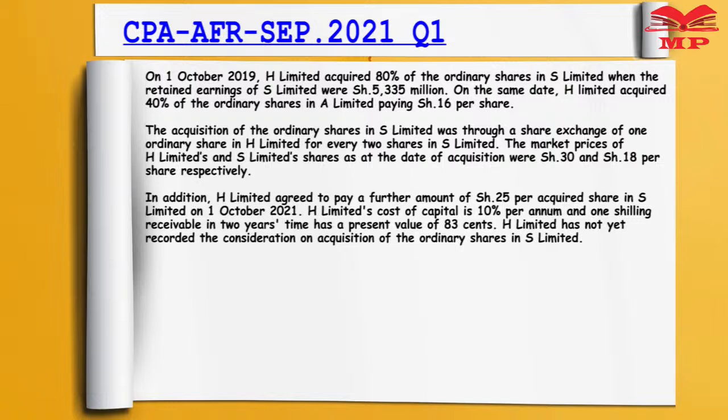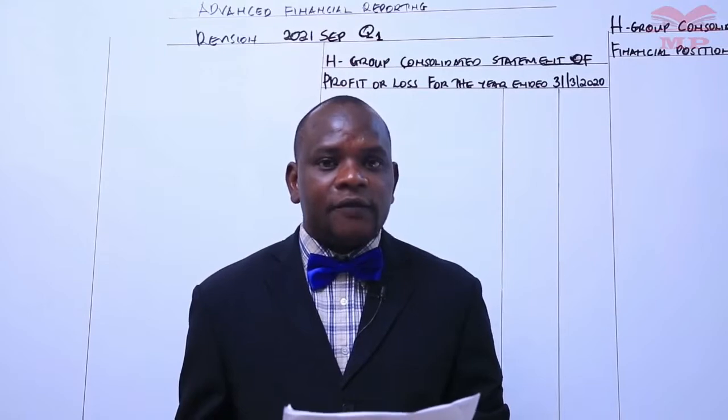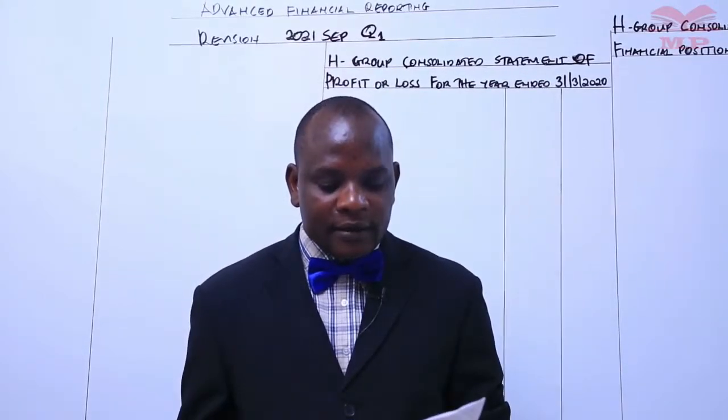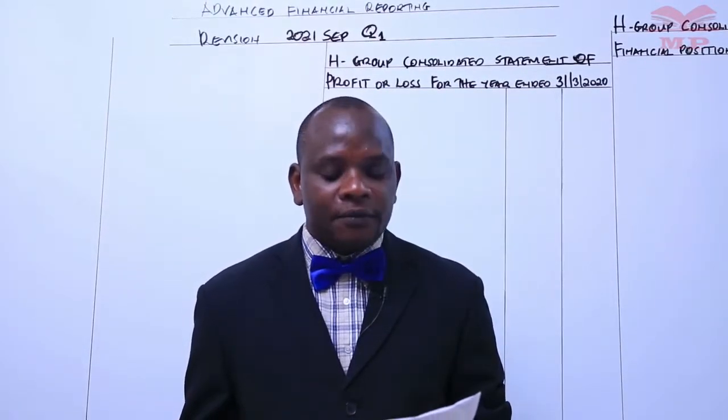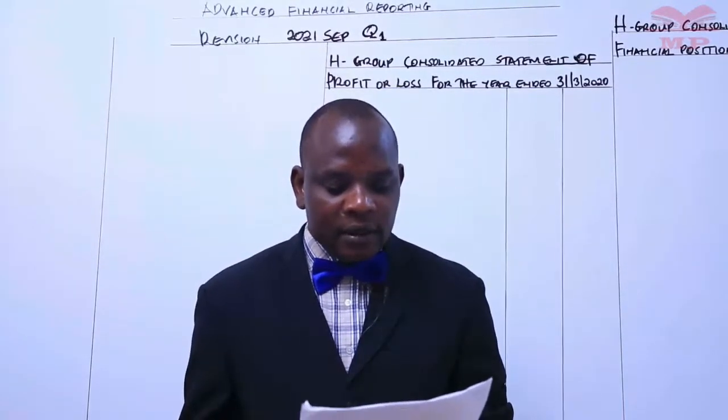H Limited's cost of capital is 10% per annum, and 1 shilling receivable in 2 years' time has a present value of 83 cents, or simply 0.83. H Limited has not yet recorded the consideration on acquisition of the ordinary shares in S. So, if not yet recorded, it is your role to record it once you've determined the consideration paid. And the consideration paid is by means of share exchange, not cash.